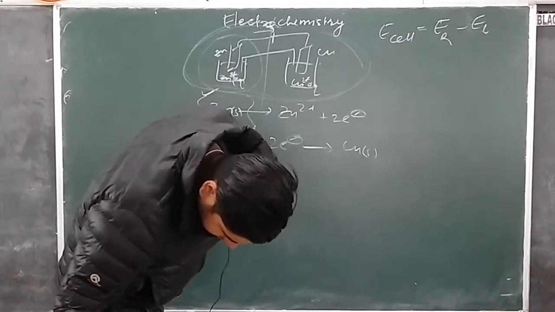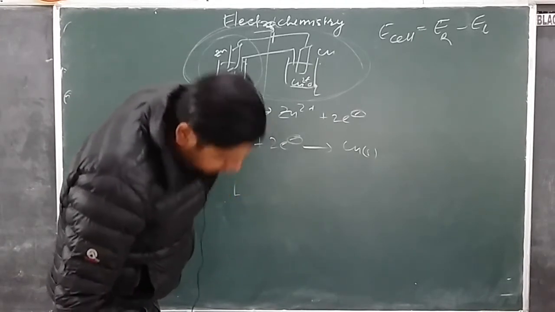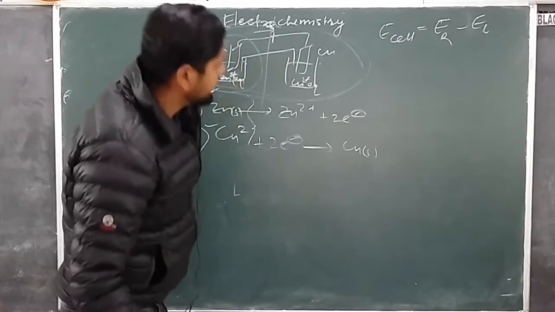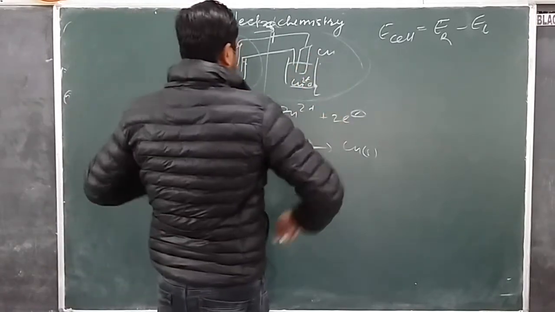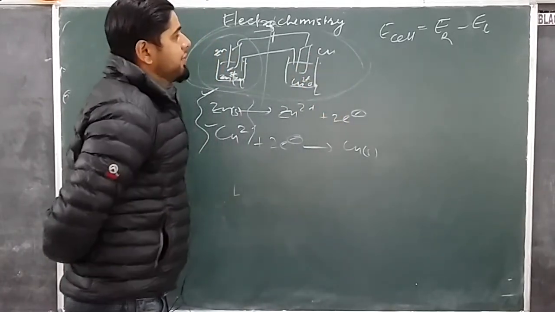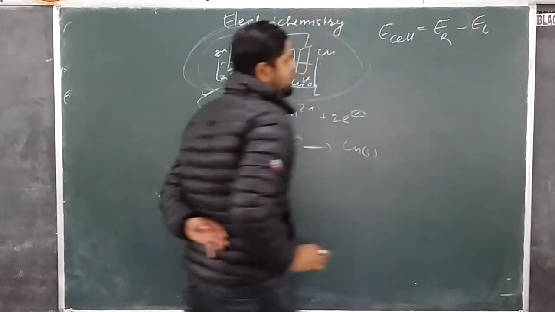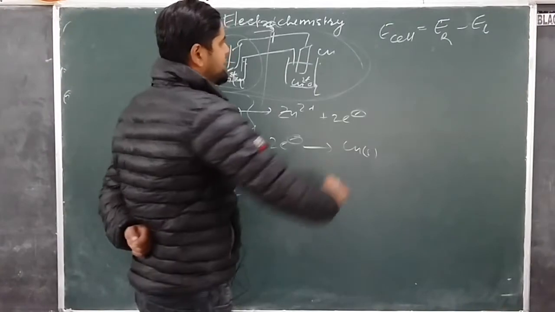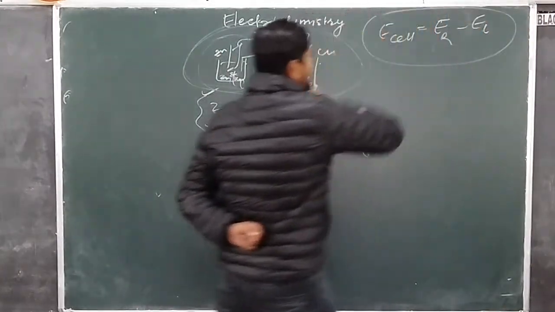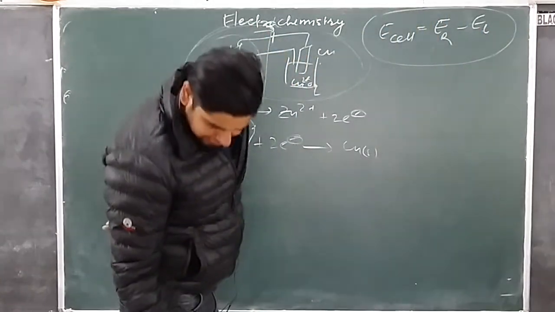Yes or no? E right and E left. Got it or not? So this is E cell.